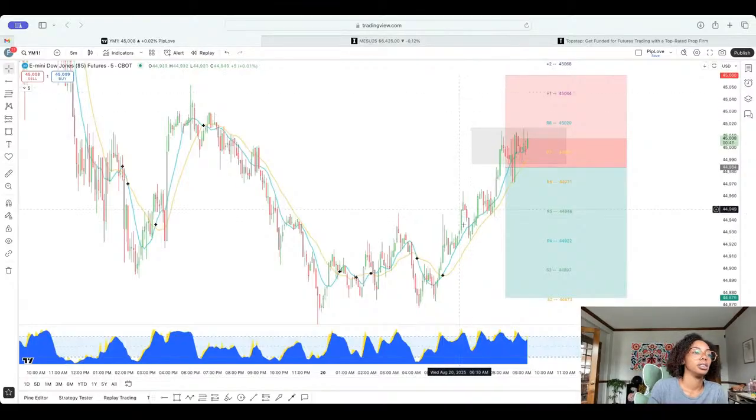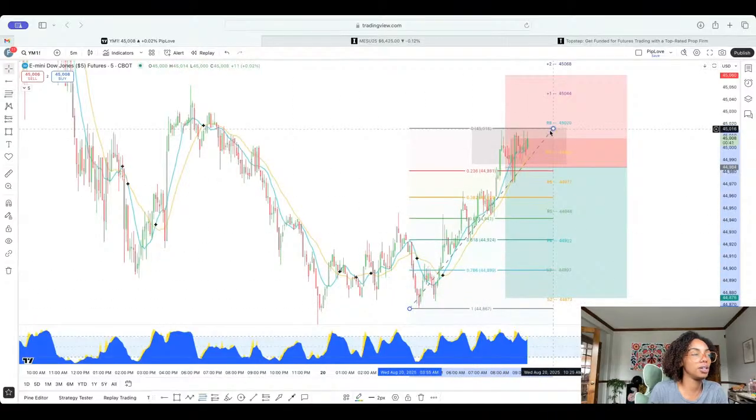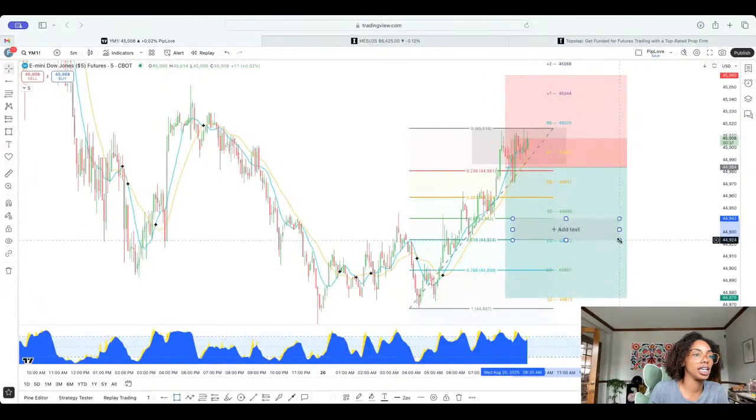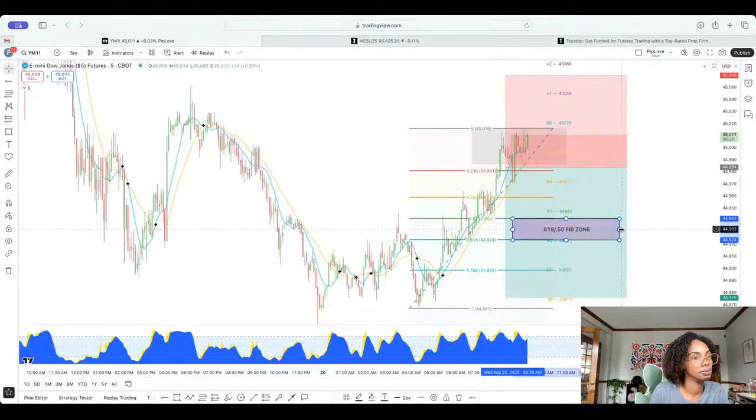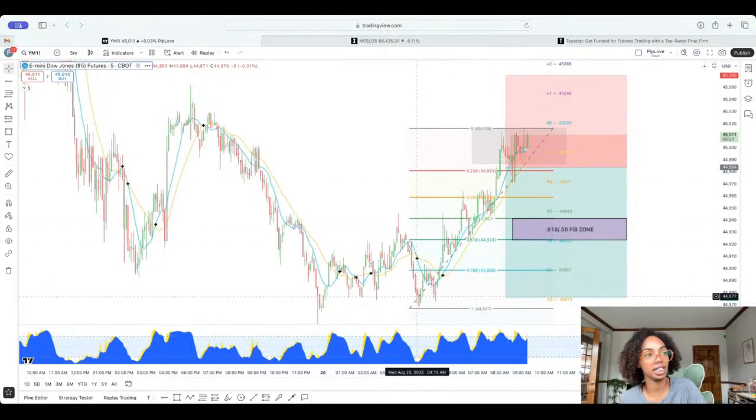So you can do one of two things. You can put your fib zone here, mark out your R8, a 50, 61.8 level. This can be your TP point if it breaks here. However, because we haven't, this would be a counter trend trade and just a pullback trade here.